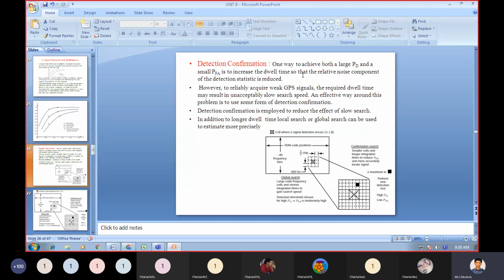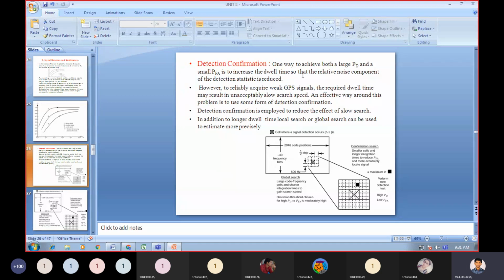However, to reliably acquire weak GPS signals, the required dwell time may result in unacceptably slow search speed.